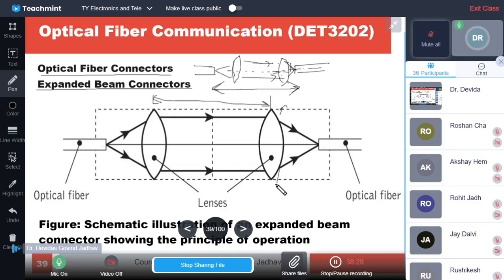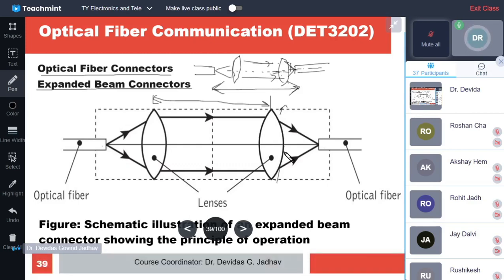It will still cover all the light, because it is 10 times, or 10 to 100 times, larger than the fibers. So it can very easily cover all the light and focus it on the focal point. Lateral alignment, longitudinal alignment, or even angular alignment is not required, so alignment becomes less critical in this.